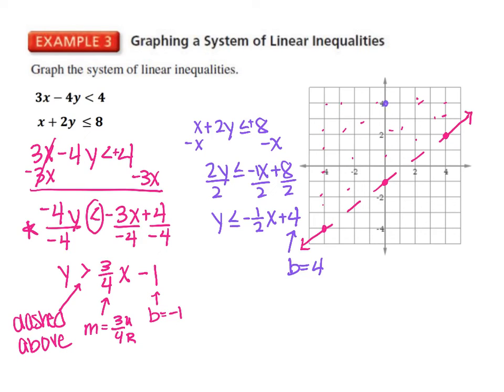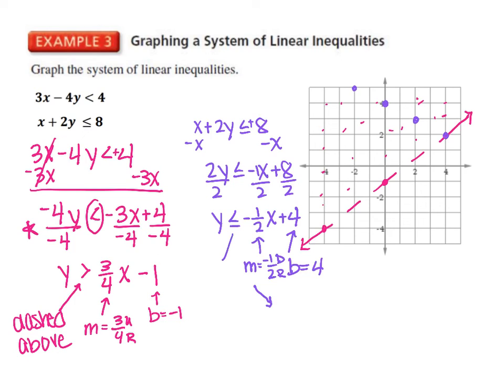I'm going to start at 4 on my y-axis for my purple line. My slope, m, is negative 1/2, which means I go down 1 and to the right 2, or it means the line should be going downhill, right? If that helps me put my point down there. Make sure it looks like if I connected it, it would be going downhill. I could also go up 1 and to the left 2 to get another point down there.